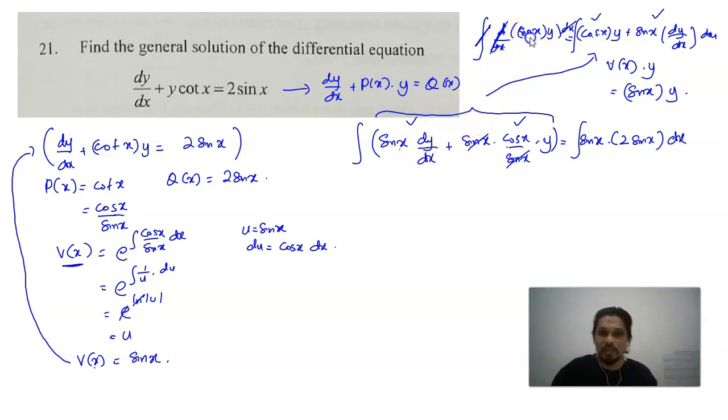So we integrate both sides with respect to x. On the right side, 2 is a constant, so take it outside: sine multiplied with sine, the integral of sine squared x dx.